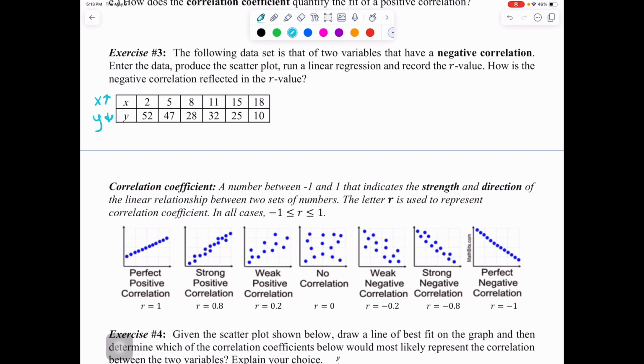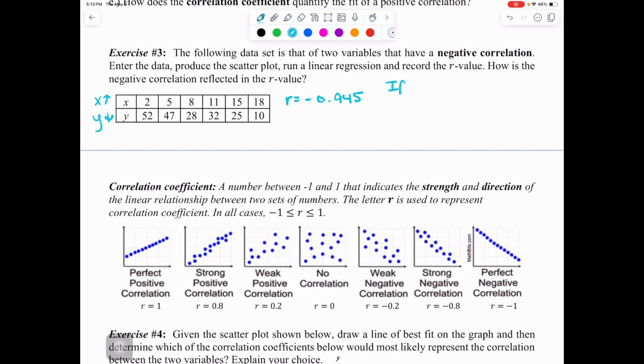So they wanted the R value, and as you saw above, they usually go to the thousandth here. So we'll just stick with that theme as part of exercise 2. And we got R is about negative 0.945 then. So how is the negative correlation reflected in the R value? If the data has a negative correlation, the R value is also negative.